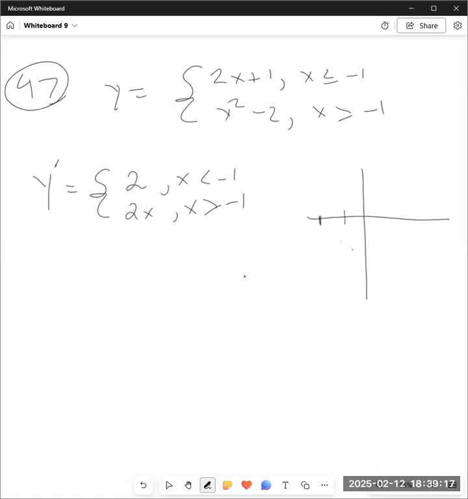So that was less than, and then we go 0, 2, we're going to turn, and we're going to go up here, symmetric about that. It looks like that. That's better.